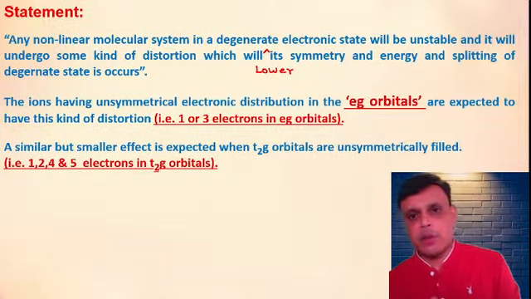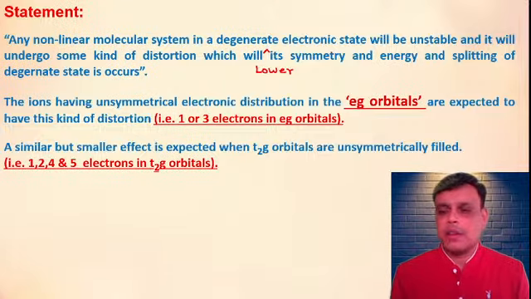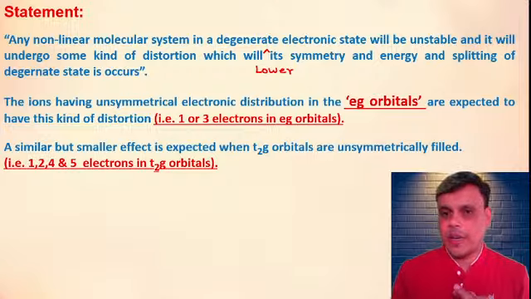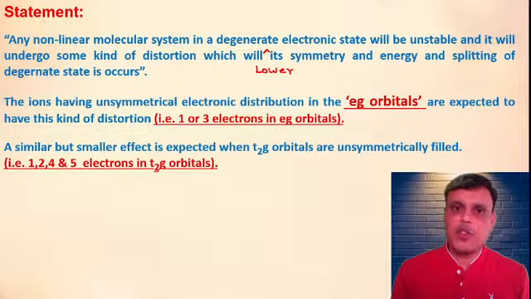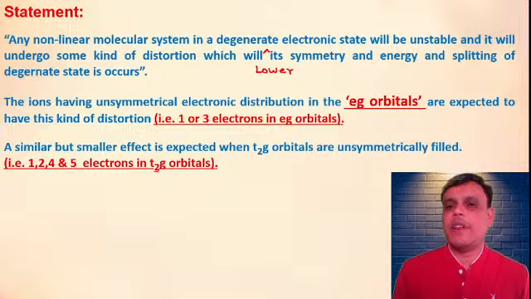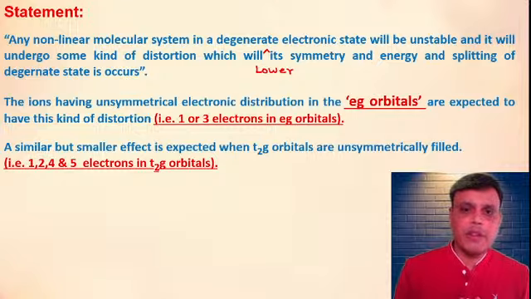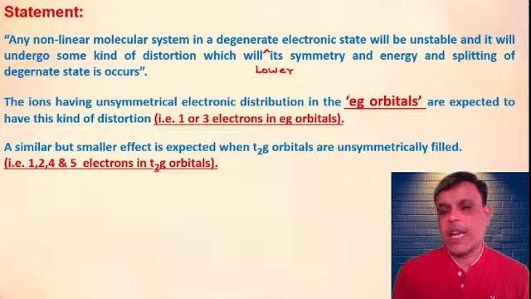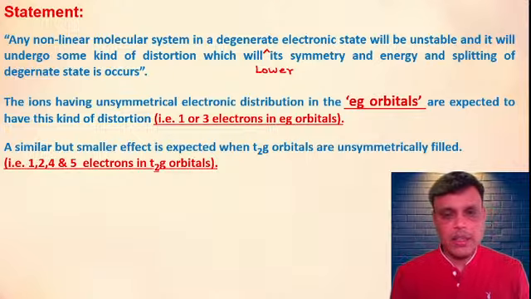Now my question is: why is the magnitude of Jahn-Teller distortion in unsymmetrical filling of Eg orbitals more than the magnitude in T2g orbitals? ठीक है, why is this so?